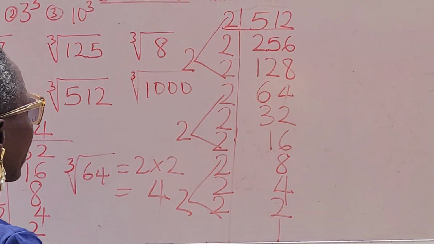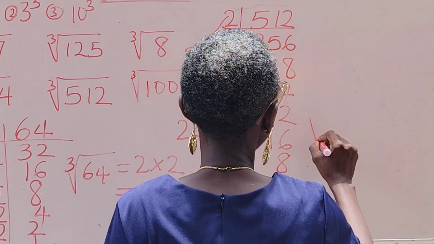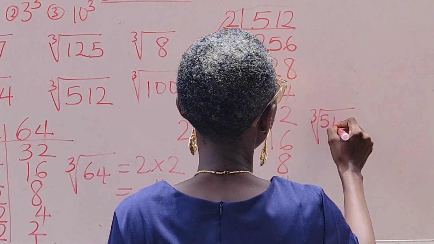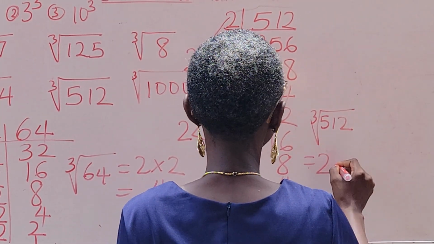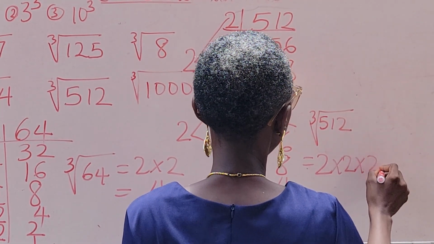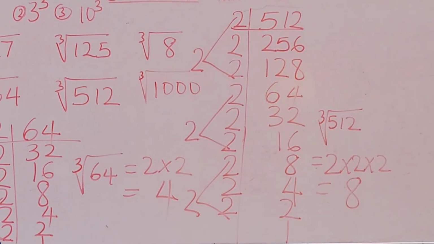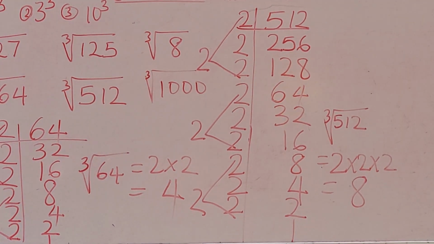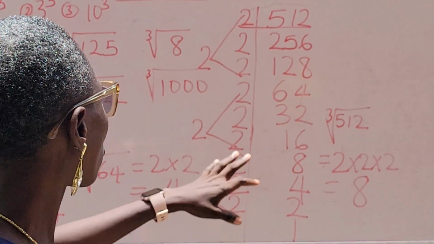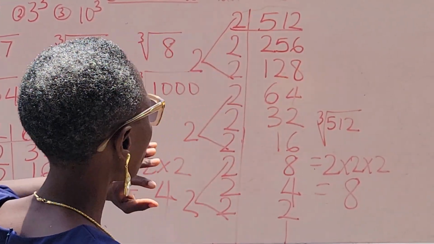So this cube root of 512 is 2 times 2 times 2, which is 8. It means if you say 8 times 8 times 8, your answer will be 512. That's how to get cube root.